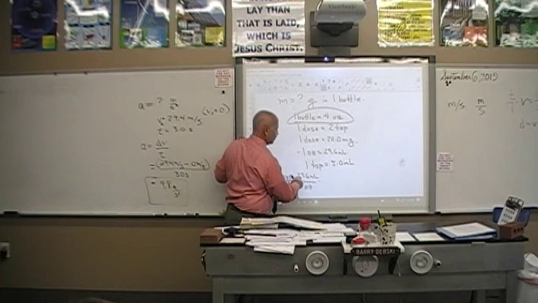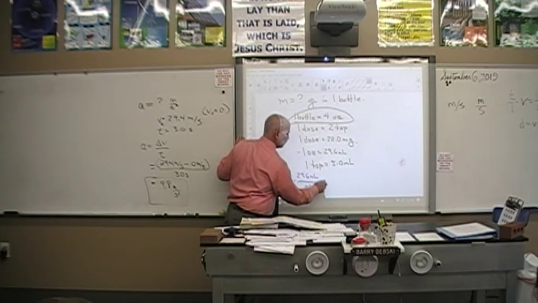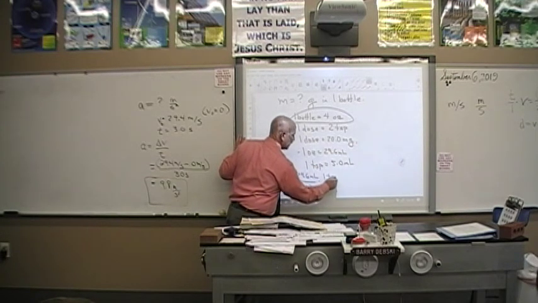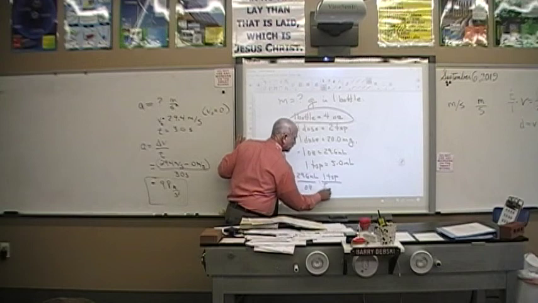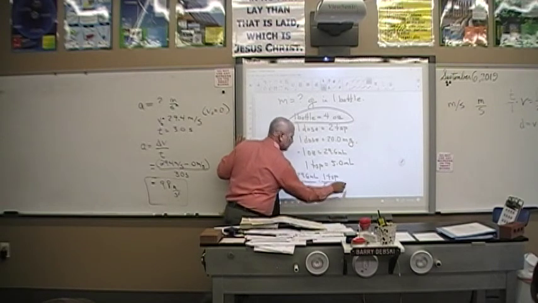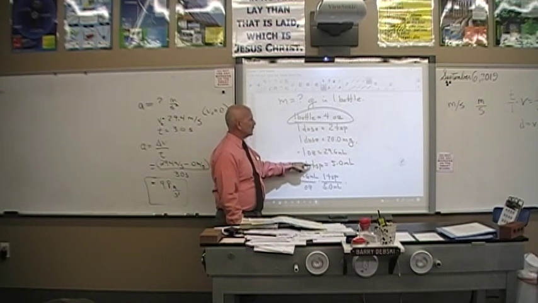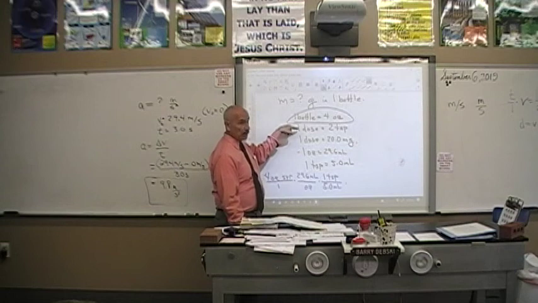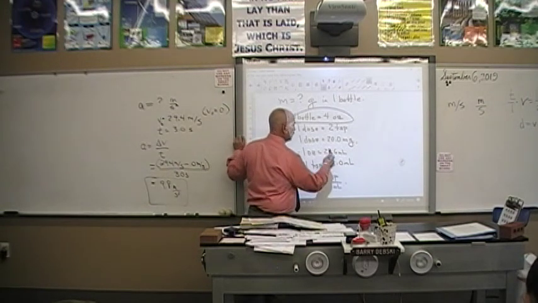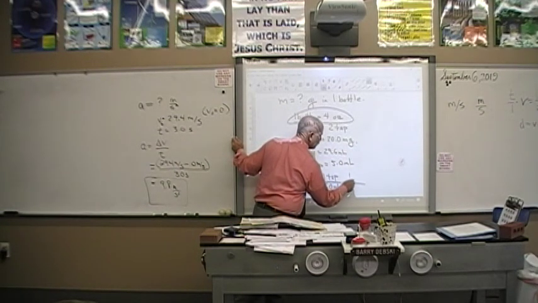So let's go next to milliliters to teaspoons. 1 TSP, 5.0 milliliters. 1 teaspoon. Let's change it into doses. 2 teaspoons in 1 dose.